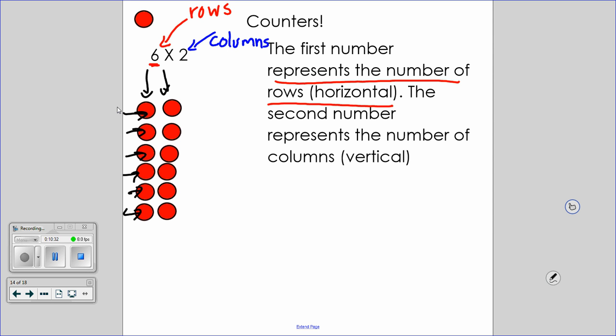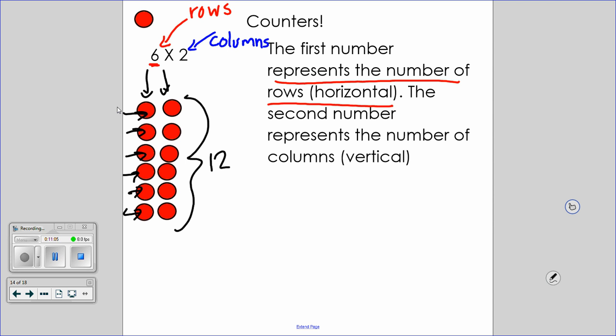What is this product of 6 times 2? You have the model right there. Count it. What is the product of 6 times 2? Elliot? 12. This should equal 12. That makes sense?